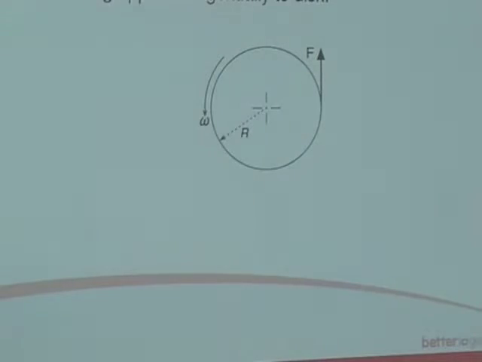What about if we've got a force being applied tangentially to a disk? Here we've got a different situation. We've got a disk, radius r, rotating at omega, radial speed, and there's a force being applied to that disk.